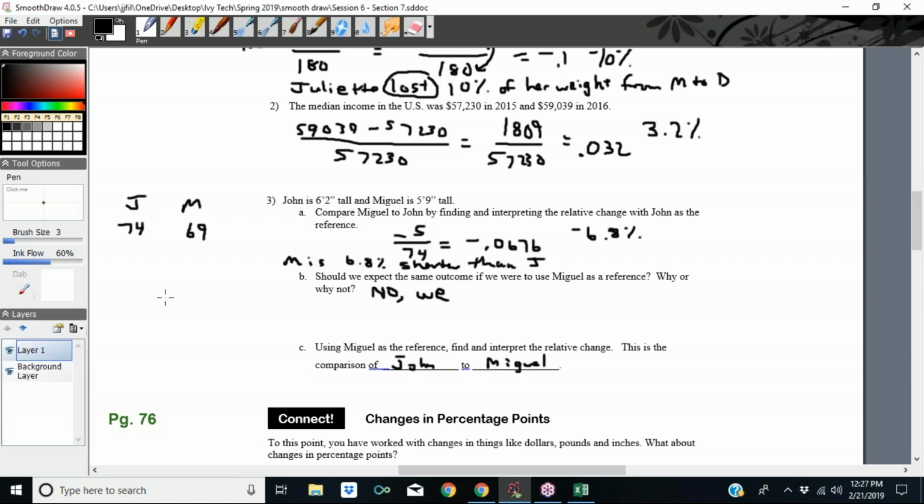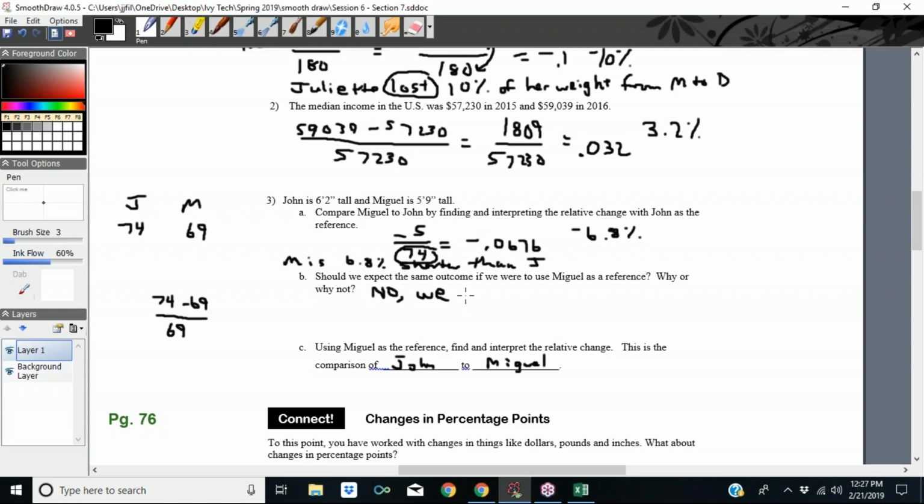Let's look at the calculation. 74 minus 69, if you use Miguel as the reference, what are we going to divide by? Yeah, this time we're dividing by 69. So see how we divided by the 74 the first time? Yep, we have different denominators, that's right.